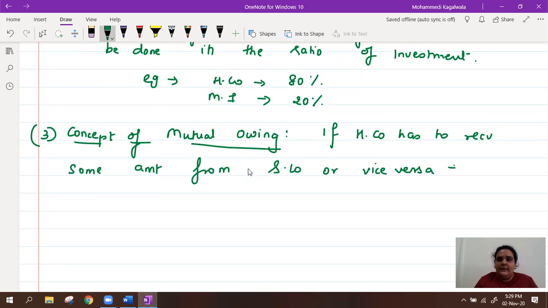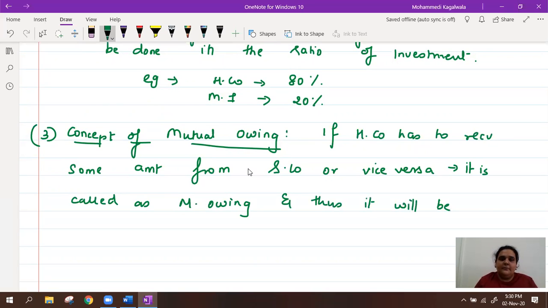It is called mutual owing, and thus it will be cancelled from both the books of the company. All right, this is the concept of mutual owing.